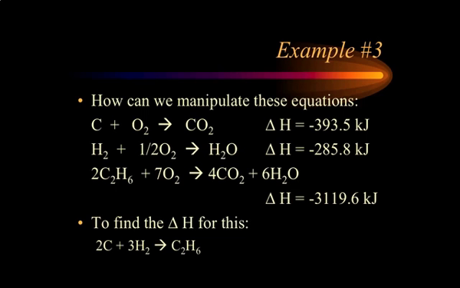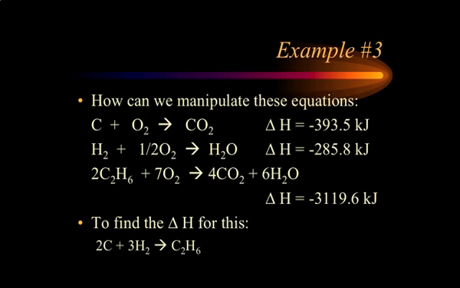So first thing I see is a 2C. Where do I have carbons? Which equations? Carbon on its own. Just in the first one. So the first one, the only one that has carbon on its own. And it says that I need 2 carbons.